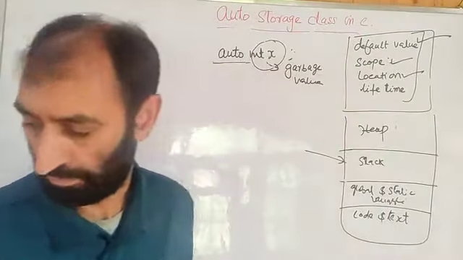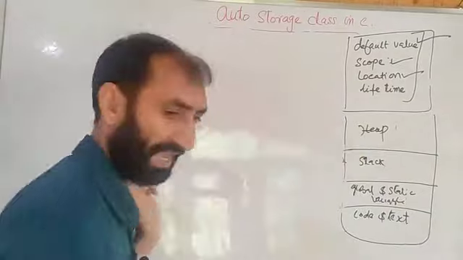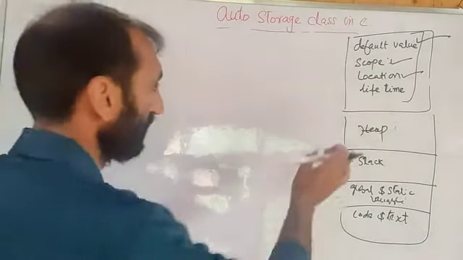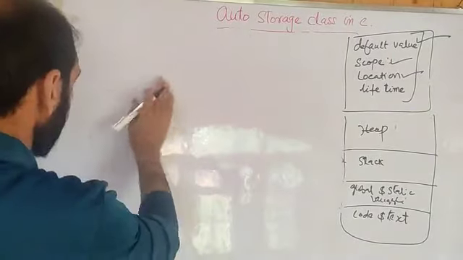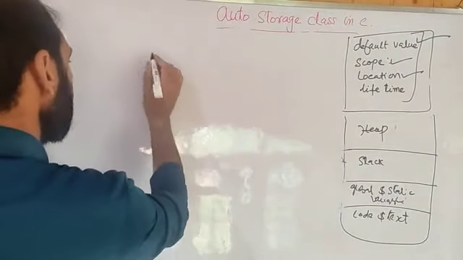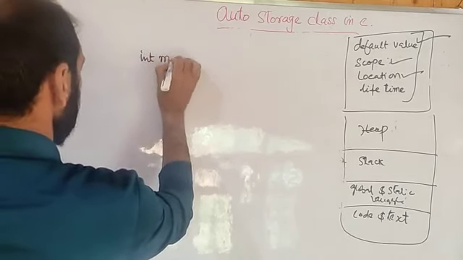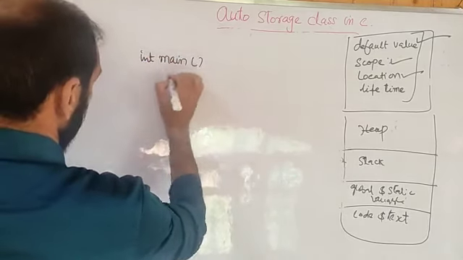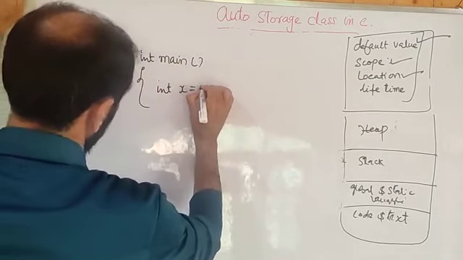What would the scope be? Here, I will write a small program, and with the help of that program, we will discuss the scope and lifetime of the auto storage class. For example, int main, int x equal to 50.